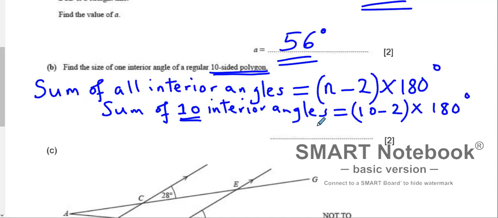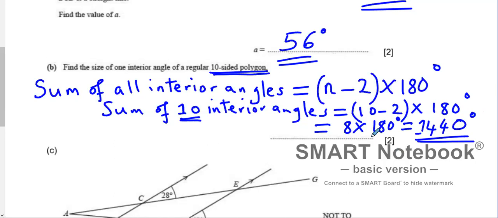So if you work that out, you'll end up getting 8 times 180 degrees, and this will give you somewhere around 1440 degrees. So you can check my calculations. If they are correct, then we are good to continue. So this is the sum of all 10 interior angles.